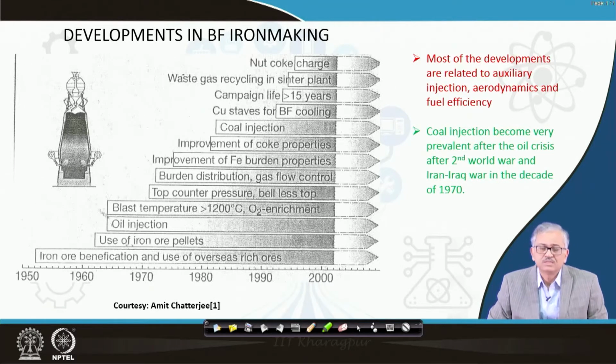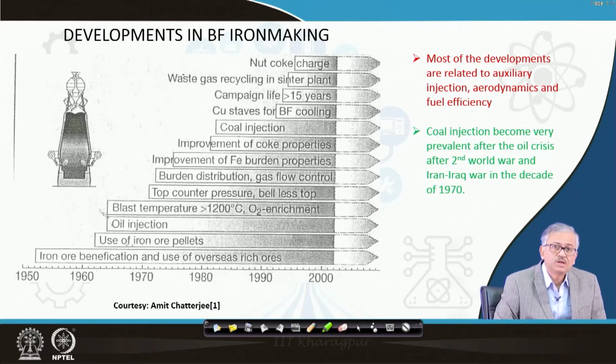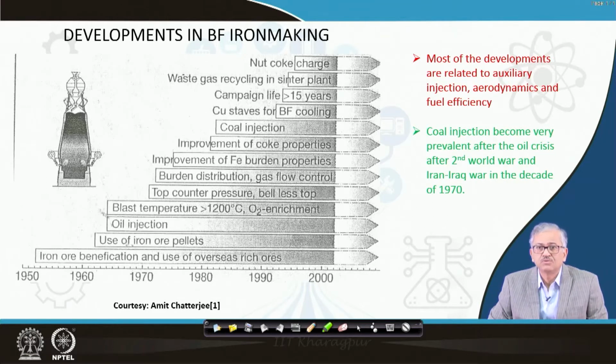And after that, it has been steadily increasing. Nowadays, most of the plants are equipped with pulverized coal injection, and the benchmark is 200 kg per ton of hot metal. So 200 kg of PCI is charged along with 350 kg of coke, around 550 kg total coal charging.